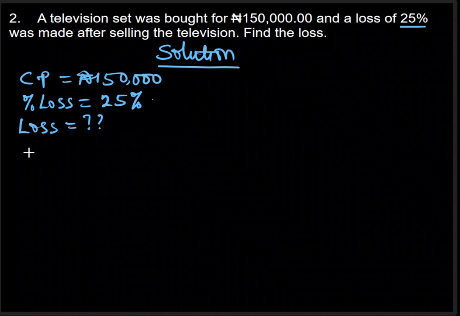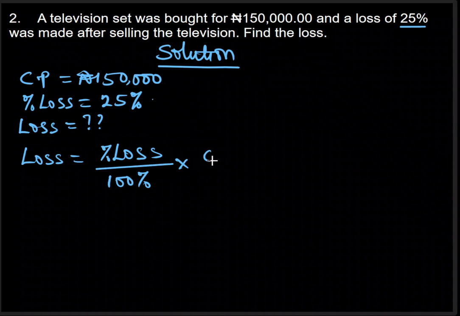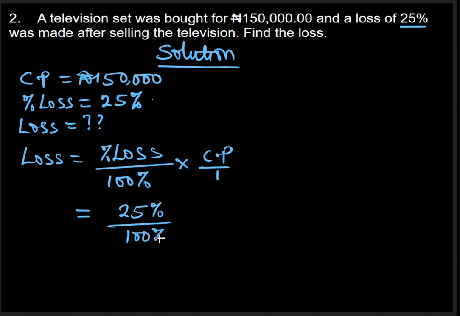Loss equal to percentage loss over 100%, then times the cost price. The cost price is the original price, so you work with the cost price, over 1. Percentage loss is 25% over 100%, times our cost price, which is 150,000.